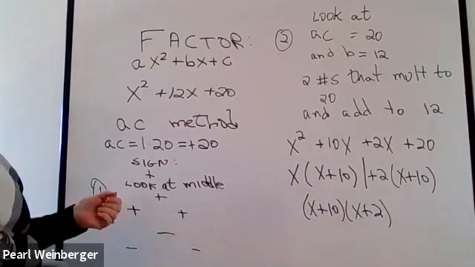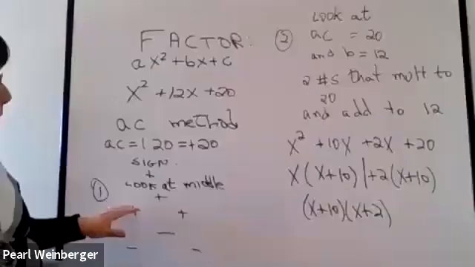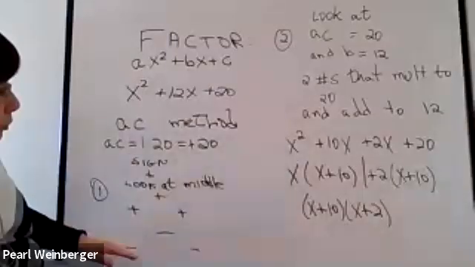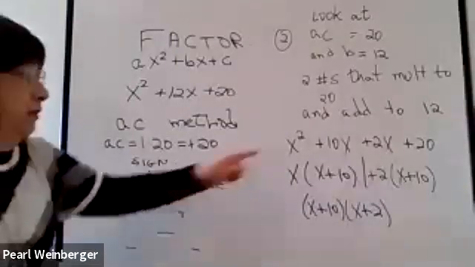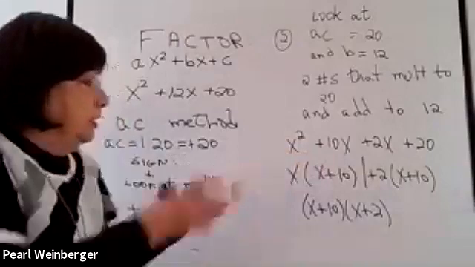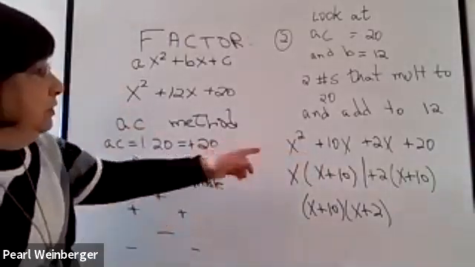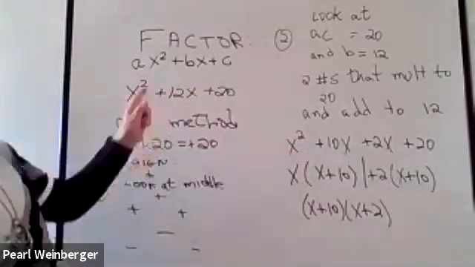And since my middle term was positive, I knew they're both going to be positive. If the middle term would have been negative, both of them would have to be negative. So I knew these 2 numbers that I'm splitting the 12x into are both going to be positive.